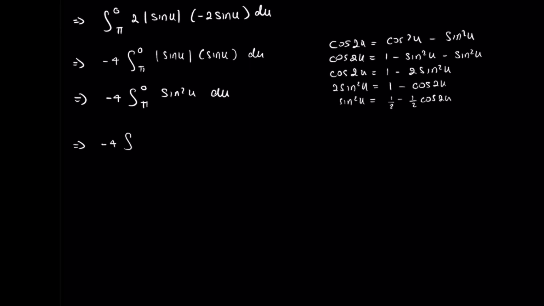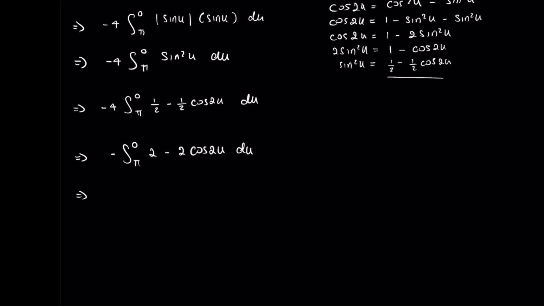Now going back to our integral, we get minus 4 times the integral between pi and 0, and instead of sine squared u, we have this new expression for it. So that will be 1/2 minus 1/2 cos 2u du. And now simplifying this, we get negative the integral between pi and 0 of 2 minus 2 cos 2u du.